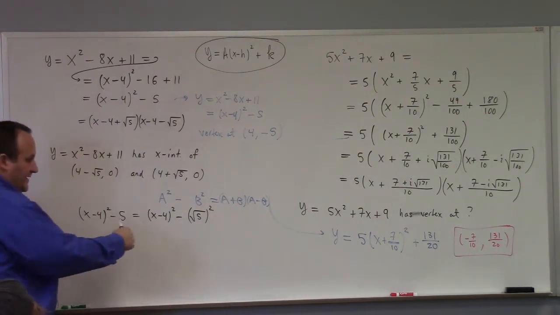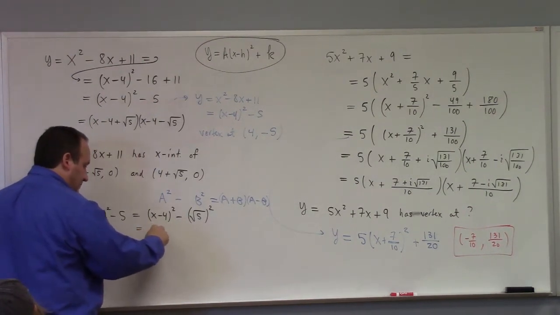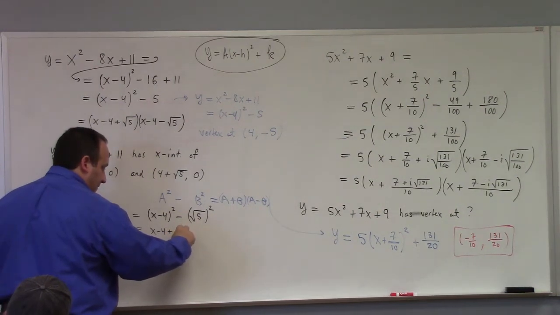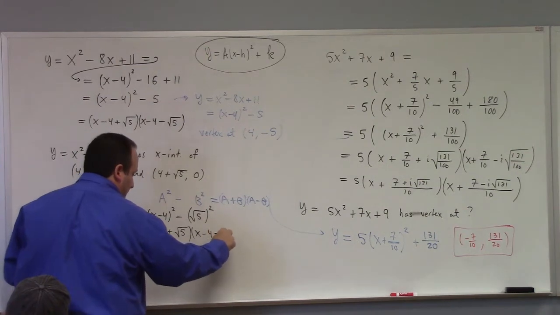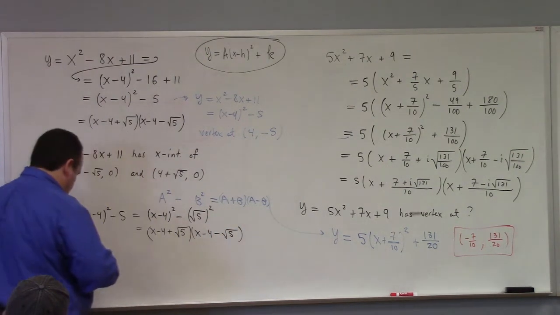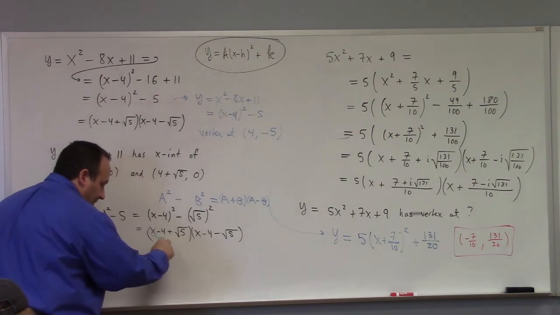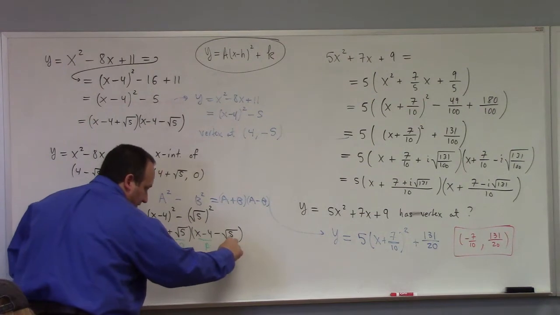So thinking of this as a and that as b, we have x minus 4 plus square root of 5, which is a plus b, and then x minus 4 minus square root of 5. Again, the pattern here is this is a, this is b, this is a, and this is minus b.